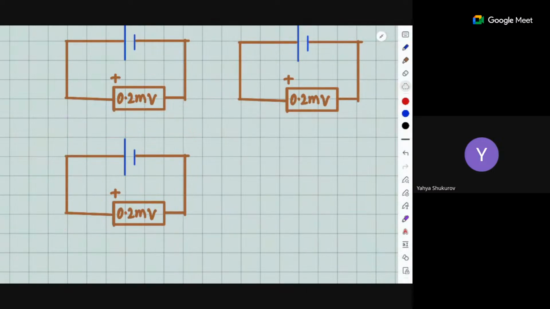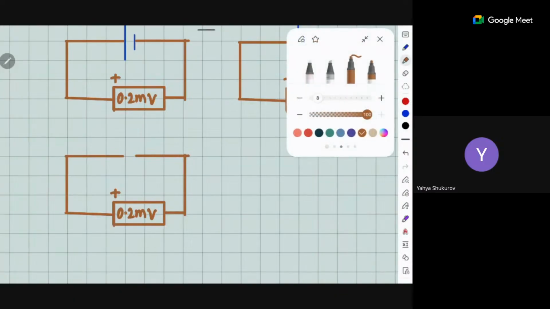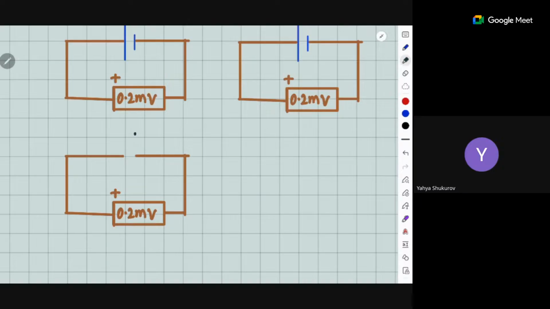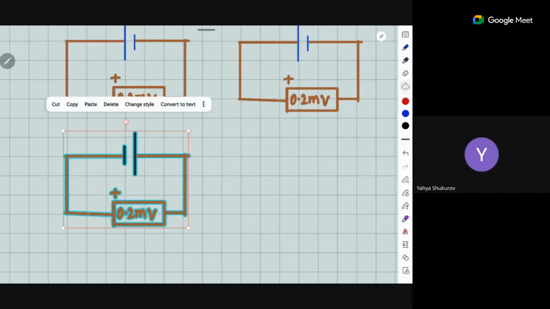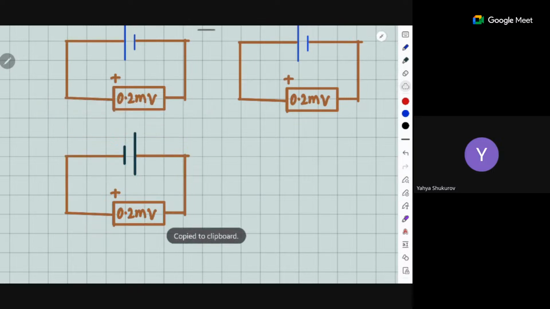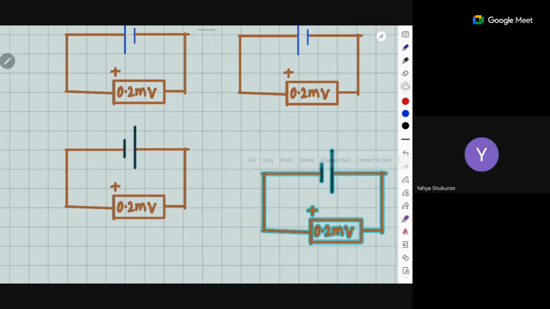Those terminals are reversed in such a way that now this one is the positive terminal and this one is now the negative terminal. Then what do you expect? Should the values be negative or positive?